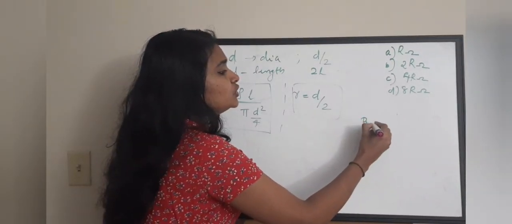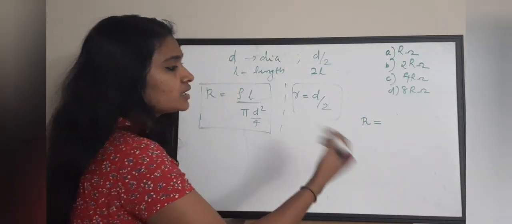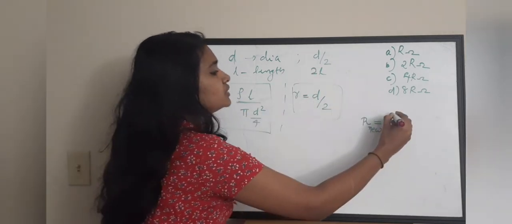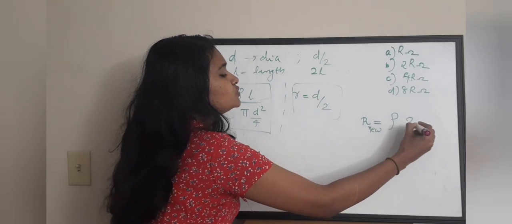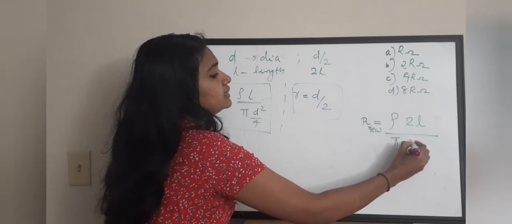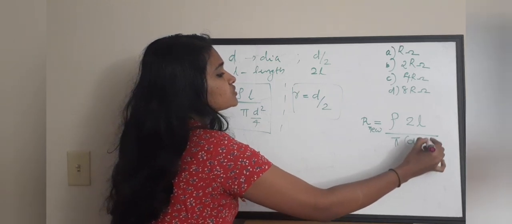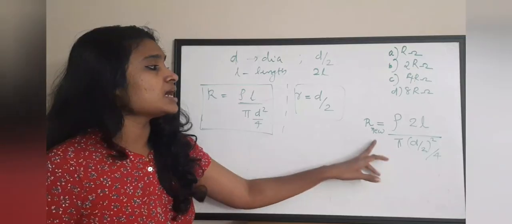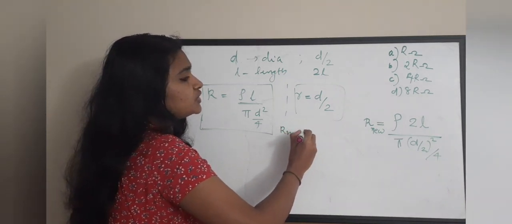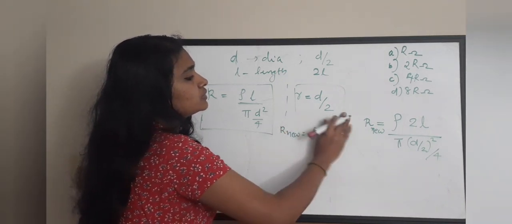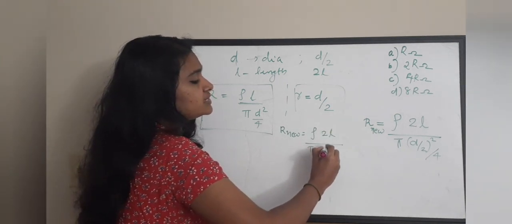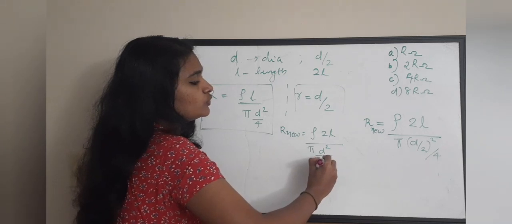So how can we write R new? R new is equal to, the resistivity is the same, rho into 2L by pi times d by 2 the whole squared, by 4. I'll write it here: R new equals rho into 2L by pi into d square by 4 into 4.